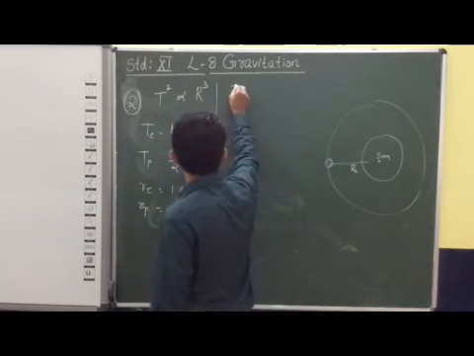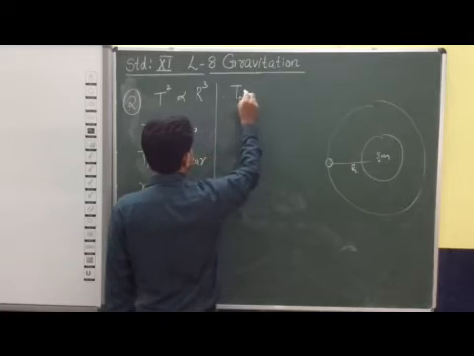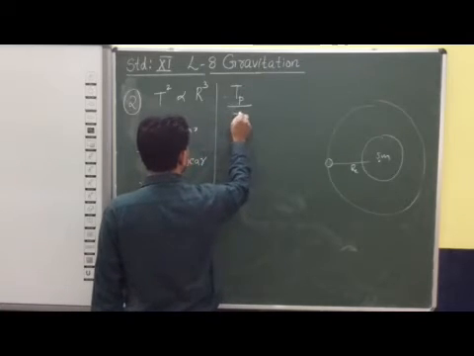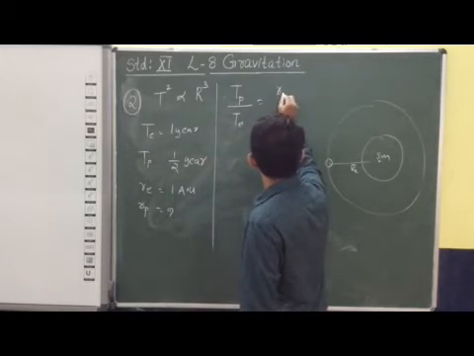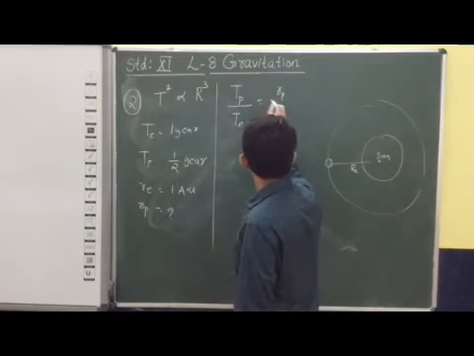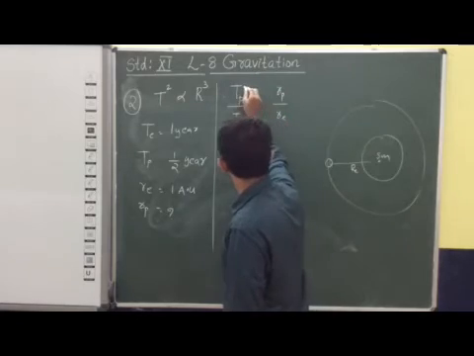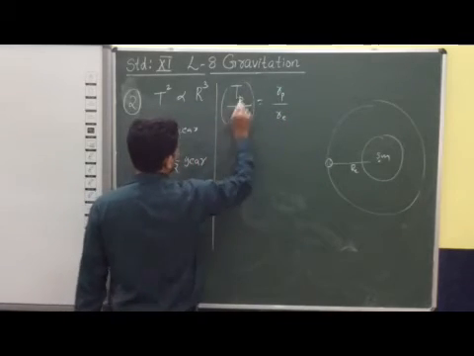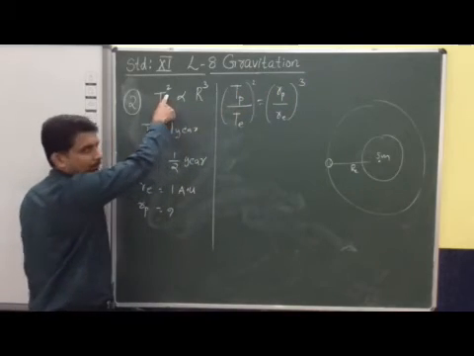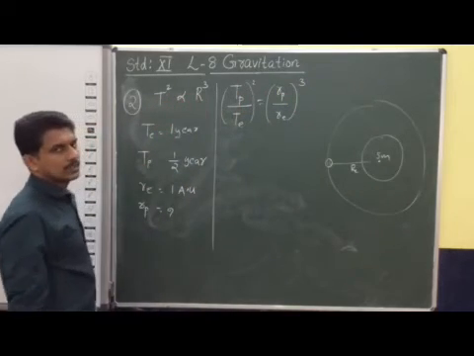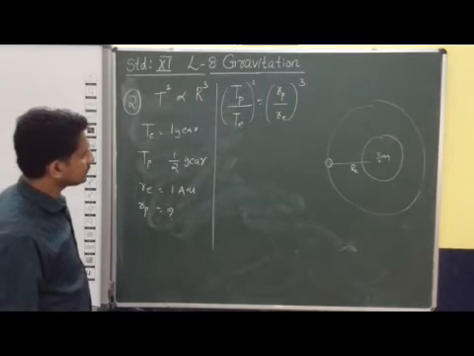Taking the ratio of the time period of the planet to the time period of the earth, we get the radius of the planet divided by the radius of the earth, where the time period ratio is squared and the radius ratio is cubed.